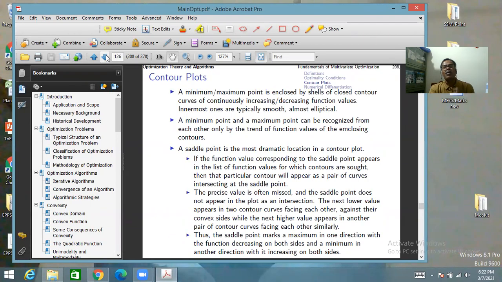So, what kind of features do we get in contour plots? A minimum or maximum point typically is enclosed by shells of closed contour curves of continuously increasing or decreasing function values. Like if the function value at the minimum point is 3.2, then around that point there will be a closed contour of value 3.3, then around that 3.4.